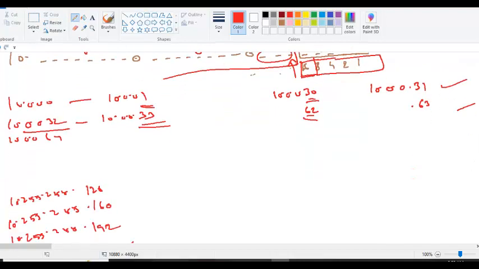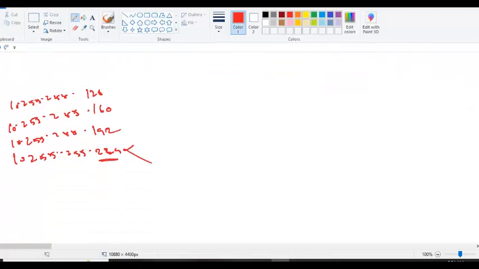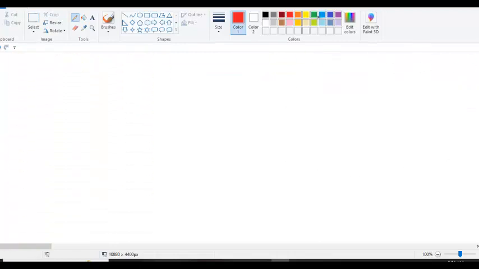Now let us go to another example of similar type, and you are going to do this. 172.16.0.0.